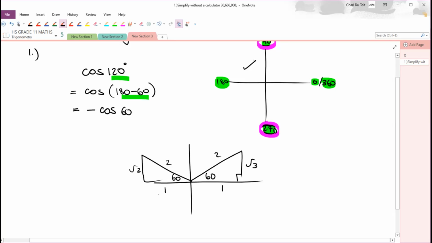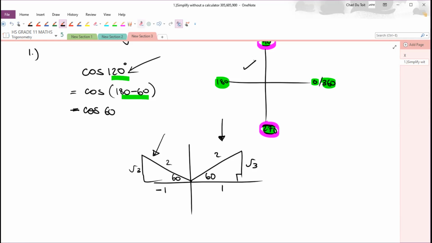So in other words, the question was 120 degrees. So the question was the triangle in the second quadrant. But I can disregard that triangle and just use the first quadrant answer as long as I got the sign, which is negative cos in front of it. Look, because this is going to be cos, this one value becomes a -1. So if I use that triangle in the second quadrant, it is -1 divided by 2.